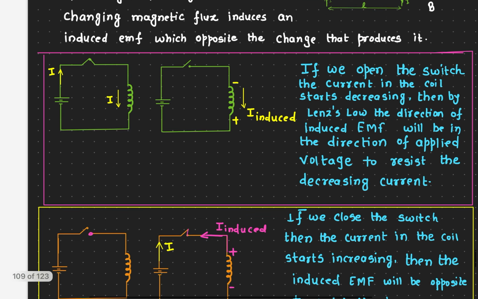If the current is decreasing, then the induced EMF will be in the direction of the original current. For example, this is the original current direction, and then the induced current is also in the same direction because it likes to resist the changes.